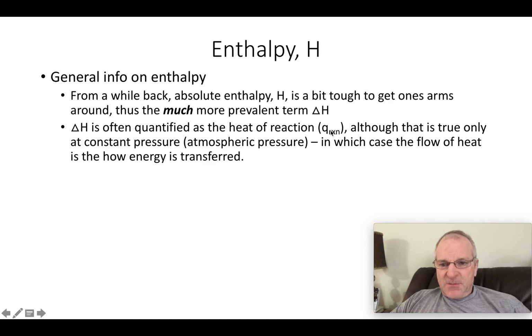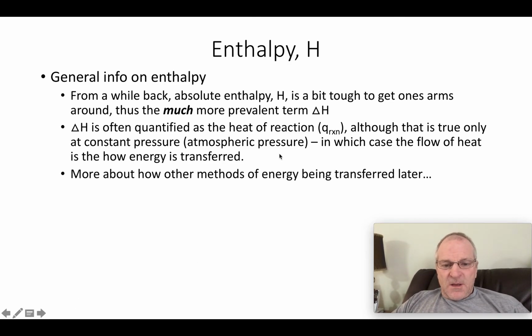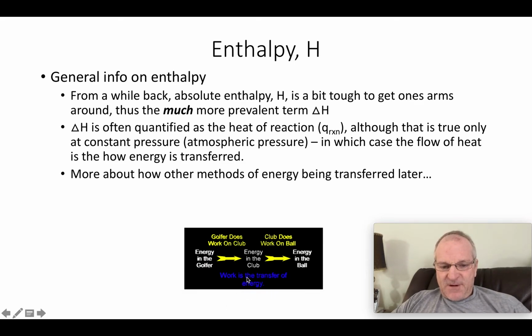Quantified as heat of reaction, mentioned that already. Constant pressure, in which case the energy transfer is the flow of heat. And the other method or methods of energy transfer other than the flow of heat, like I said, we'll get into that later. And there it is right there. It's a work function.